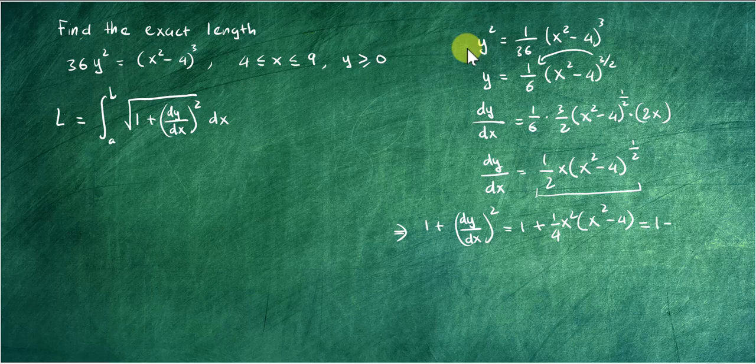So 1 plus 1 over 4 x to the 4th power when I multiply this in, and then when I multiply the second terms, I'll get minus x squared. So 1 plus 1 over 4 x to the 4th power minus x squared. At this step, I can actually factor out 1 over 4.